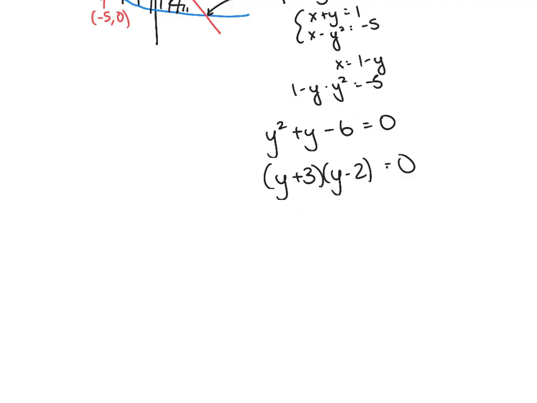Therefore our two vertices have y equal to minus 3 and y equal to 2.